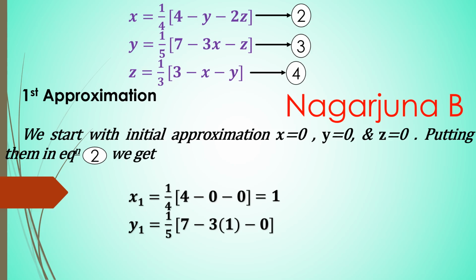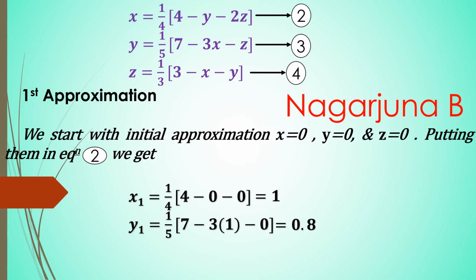In the calculator, you can write it as: open the bracket, 1 divided by 5, close the bracket, into, open the bracket, 7 minus 3, open the bracket, 1, close the bracket, minus 0, close the bracket, and this will give the answer, and that answer is 0.8.